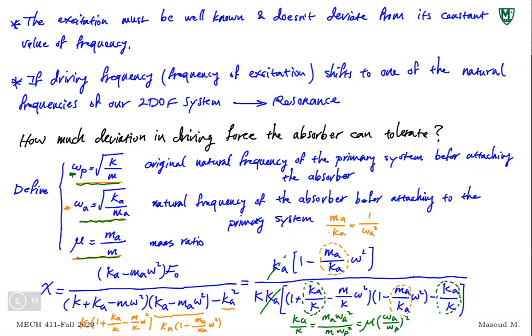You square both sides, take ma to the other side, numerator, Ka to the other side, denominator, and omega a comes to the denominator on the right side, moving things around. So I can write ma over Ka as 1 over omega a squared. So I'm going to replace all of these in this equation.